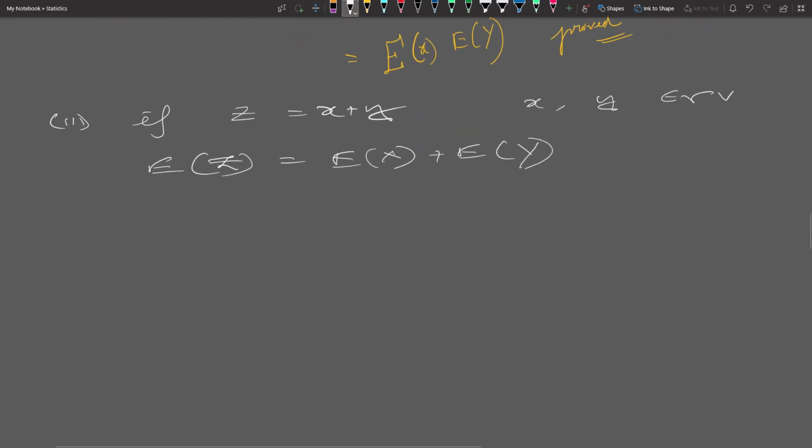Before proving, we have to know what is called the sum law of expectation.